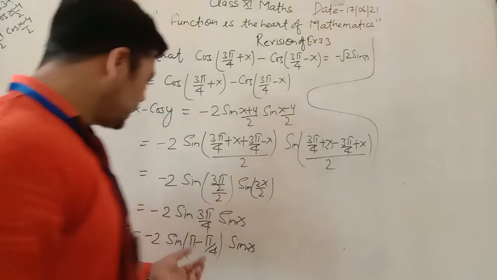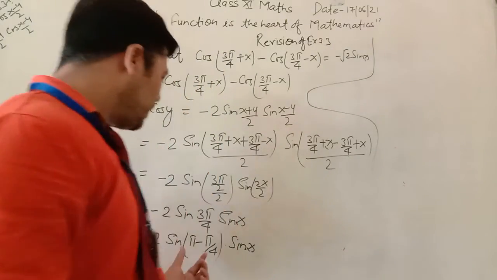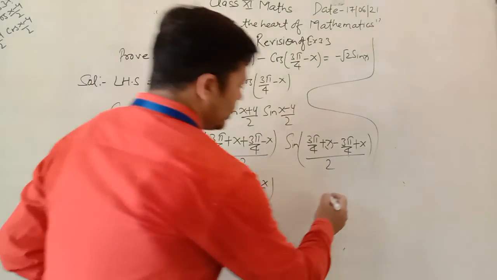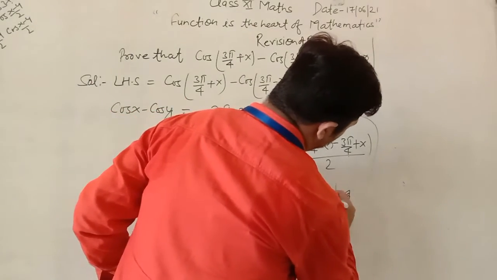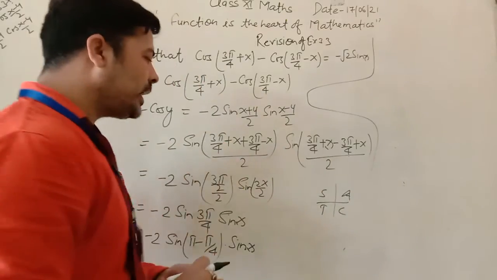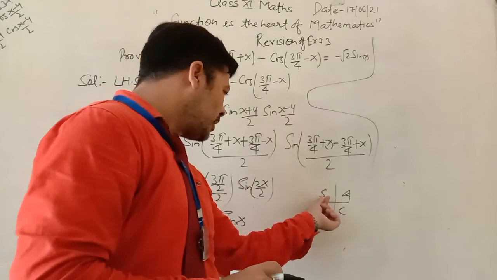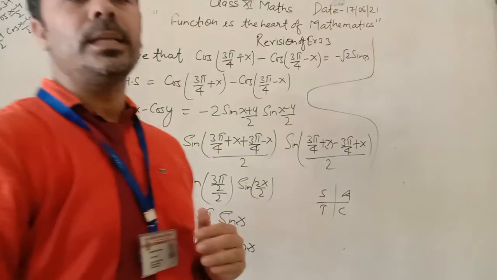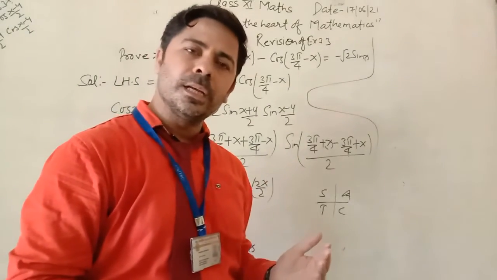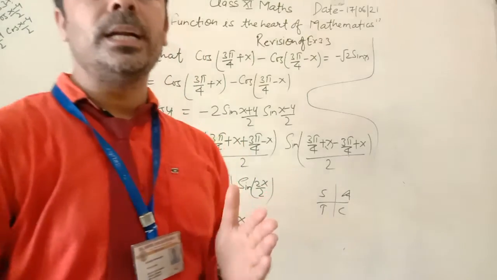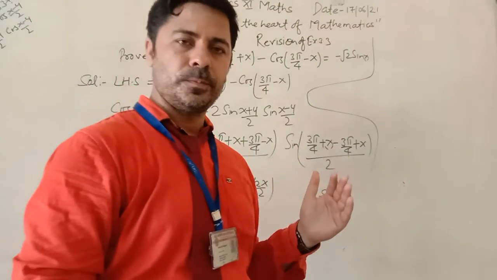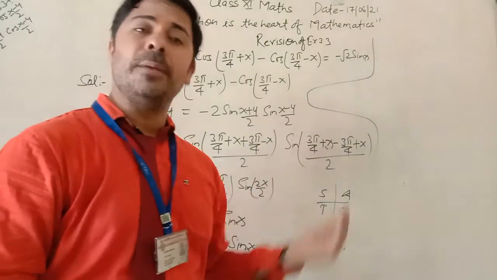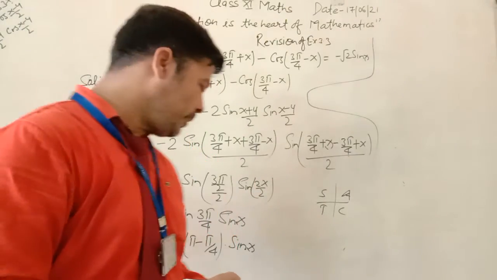Here you know that it is in the form of sin(180° − θ). Since you know that 180° − θ comes in the second quadrant, in the second quadrant the values of sine and cosec are taken as positive, and the rest of the trigonometric ratios are taken as negative.